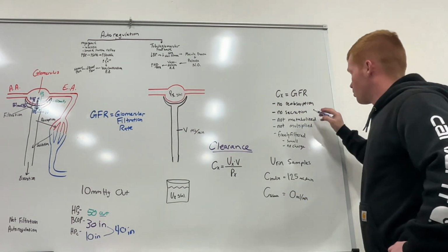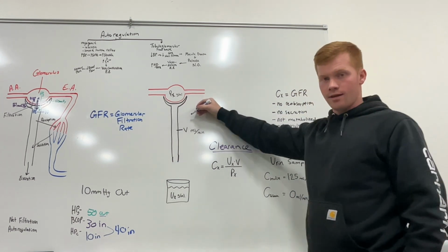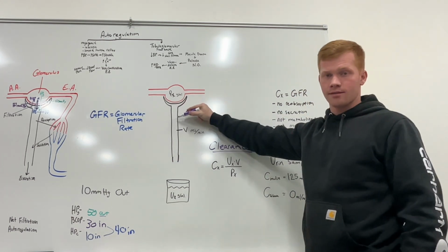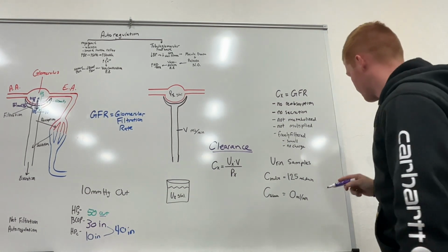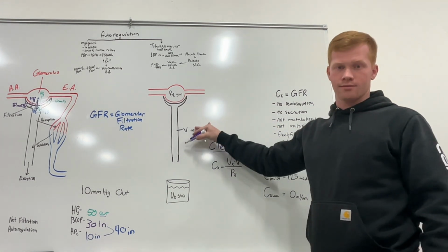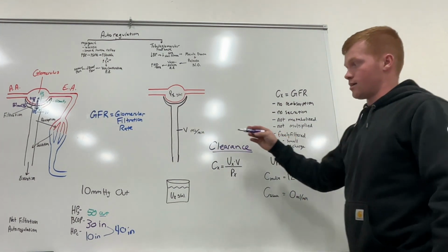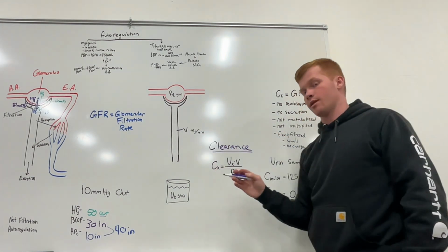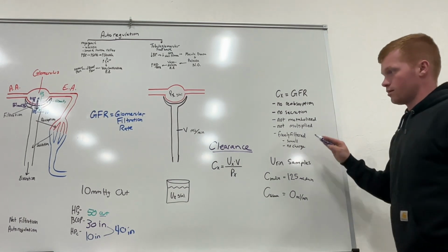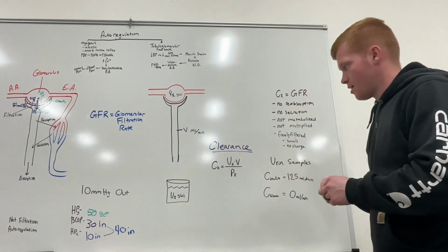We also need it to not be reabsorbed, so it doesn't come back out and enter the bloodstream. We need it to stay in the tubule. We also need it so that no more is secreted in. It's not going to be added to. We also need to make sure it's not going to be eaten up, not metabolized, and not going to self-multiply or something like that.